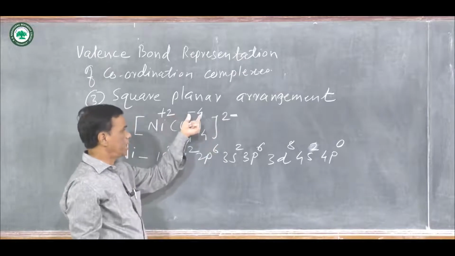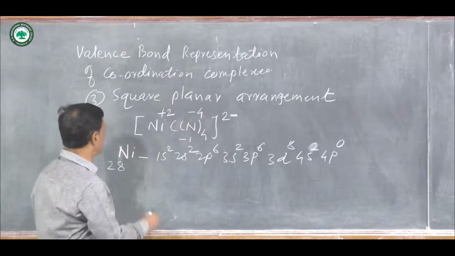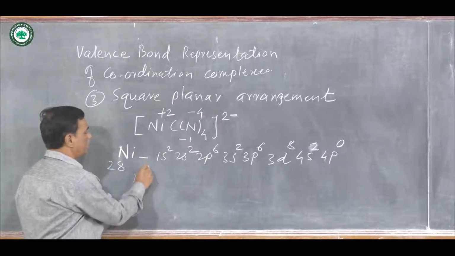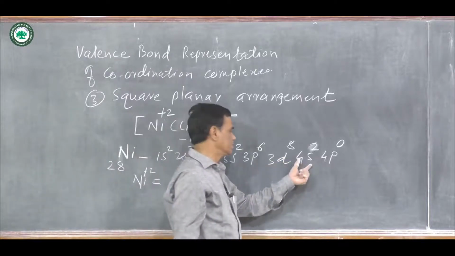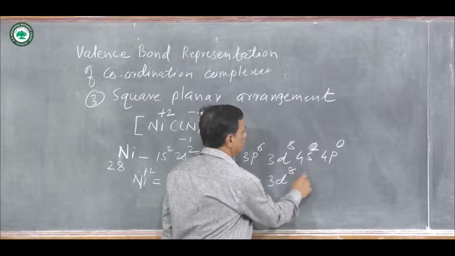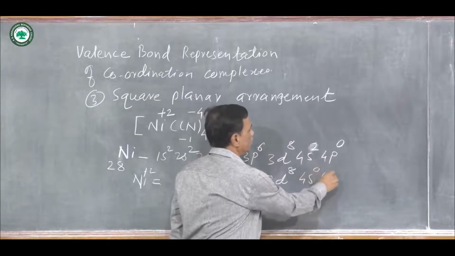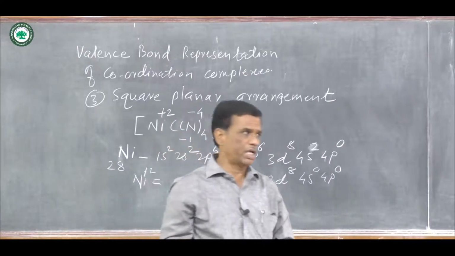Therefore the charge on nickel is equal to 2 plus, and for 2 plus there is a loss of 2 electrons from the valence shell, and the valence shell electronic configuration is 3d8, 4s0 and 4p0 for the Ni2 plus ion.